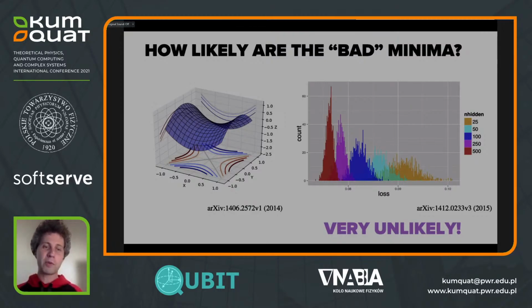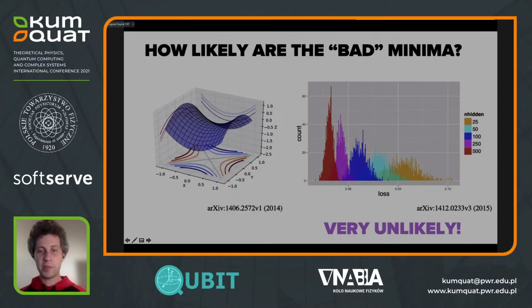So the bigger your neural network is, the lower the probability of actually being trapped in a local minimum, but more likely you will end up in some saddle point. And from that saddle point, if you apply a small noise, you always have a probability to go out easily.